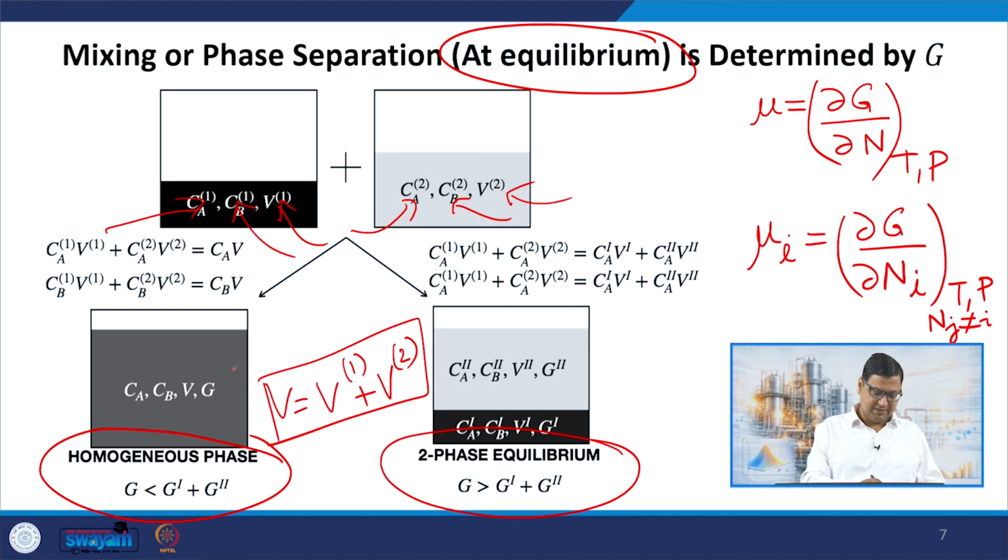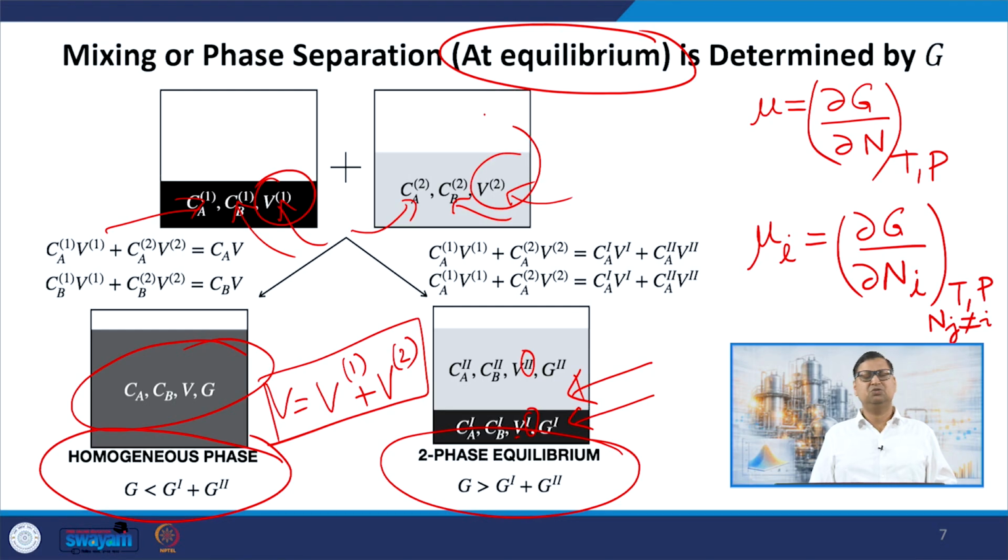So, when it is completely mixed together, you form some final concentration Ca and Cb and some Gibbs free energy of that, and when it is phase separated, then you have two phases, and I now use different subscripts purposely, V1 and V2 in Roman subscript. The reason being that these are not the same as the original volumes of the two liquids which I started with, right. So, in the condition of equilibrium, this is the volume of, let us say, the A rich phase, and the other one is the volume of the B rich phase, right.